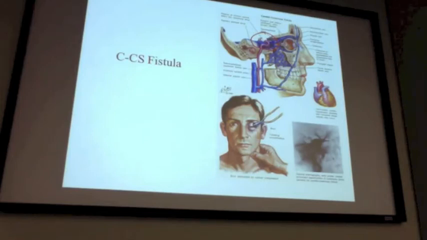You can take your stethoscope and put it on the eye and actually hear the blood flow. It goes swish, swish, swish, swish. You can hear the fistula. So this kind of patient doesn't need an antibiotic, this kind of patient needs a neurosurgical intervention in order to treat the cavernous sinus carotid fistula.